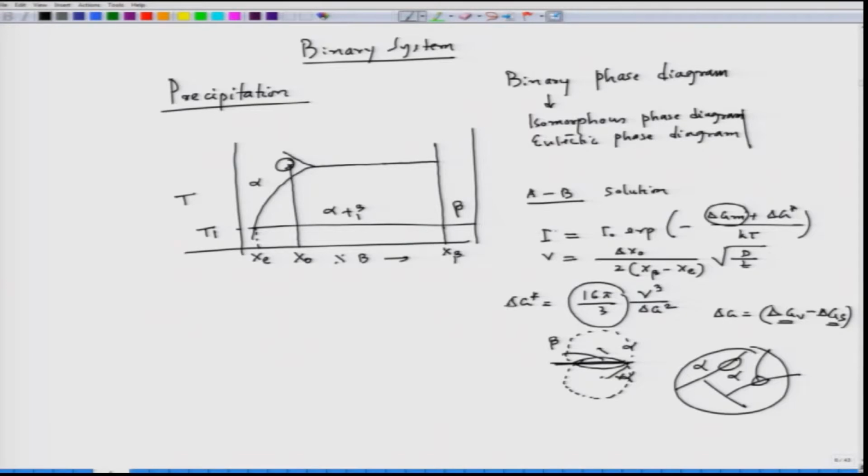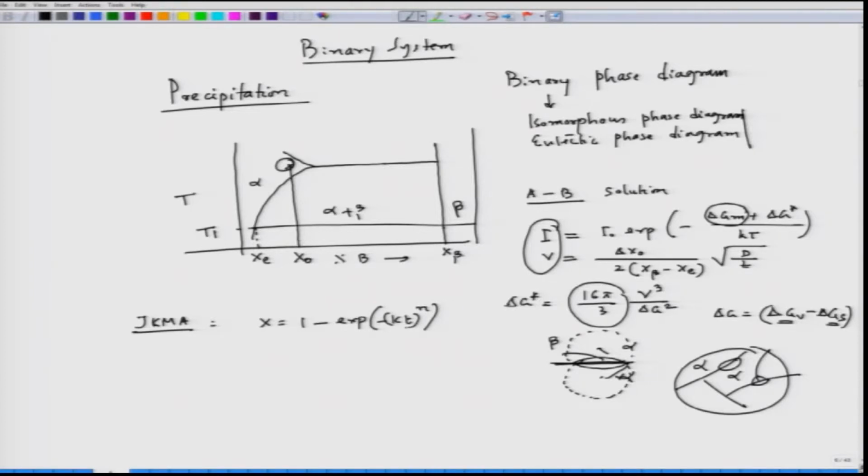And using this I and V expression, we will also end up getting JMAK, and the general form is x equal to 1 minus exponential minus kt to the power n.